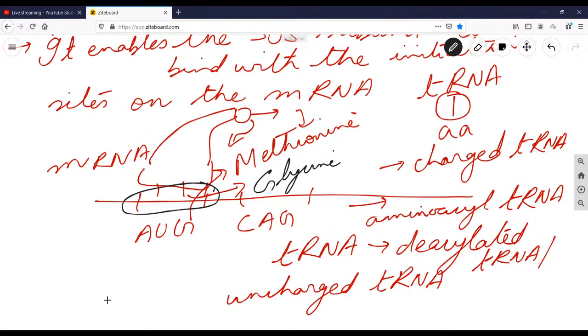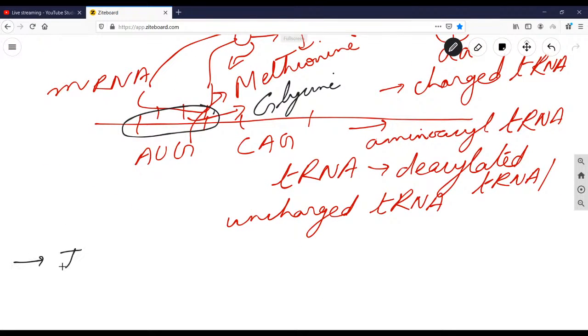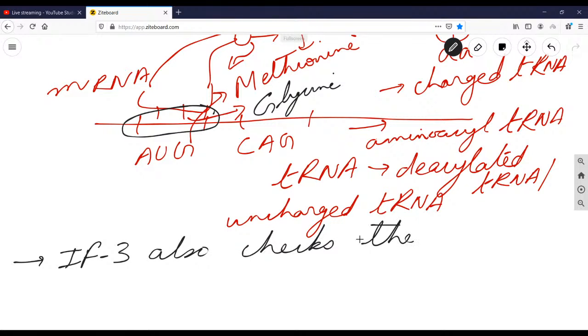So therefore, this IF3 also checks the accuracy of recognition of the first amino acyl tRNA.